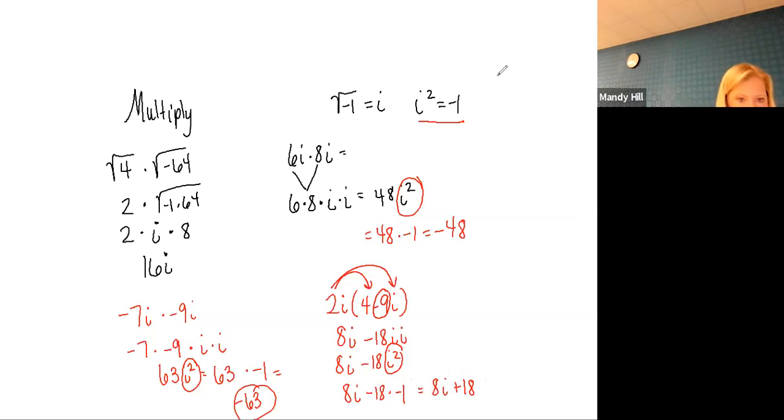So we have about 6 more examples of this. Once again, you want to keep in mind that the square root of -1 is equal to i. Also want to keep in mind that i squared is equal to -1. That's the important facts to kind of remember here.